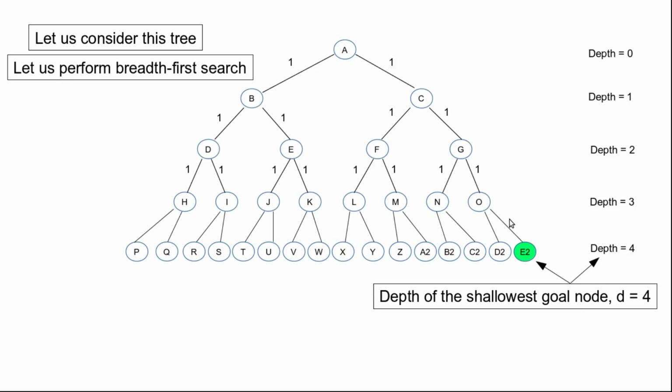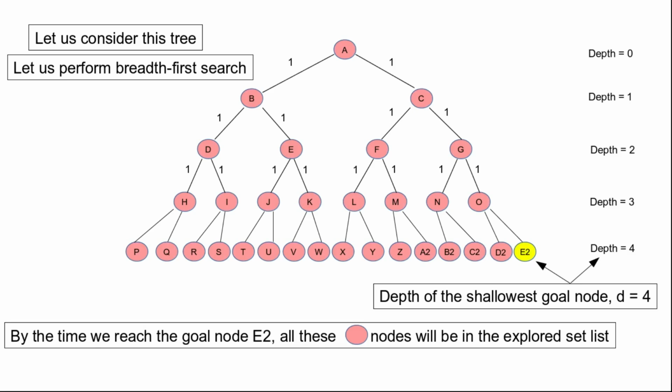Now let us perform a breadth first search on this tree, and by the time we reach the goal state E2, all the remaining red colored nodes have to be preserved in the explored set list. So all the other elements which are red colored have to be stored in the memory in the explored set.